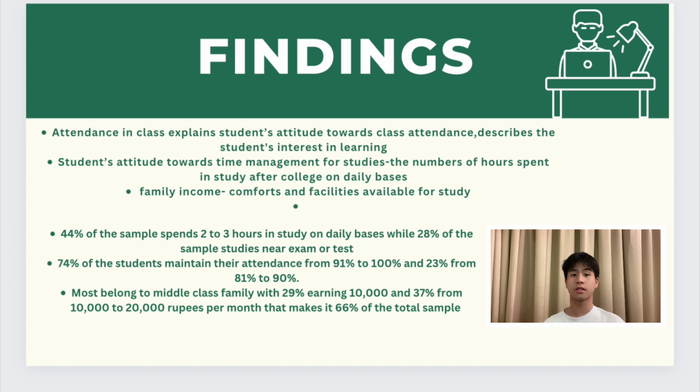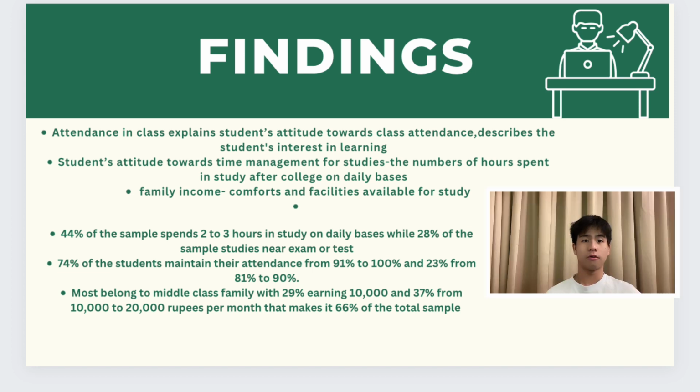A student's attendance in class describes their interest in learning, especially their attitude as well in those classes. On the other hand, a student's attitude towards time management best describes their number of hours spent for their own studies on a daily basis. Furthermore, 44% of the sample only spent 2 to 3 hours studying on a daily basis, while the other 28% only study when there's an upcoming exam or an upcoming test.